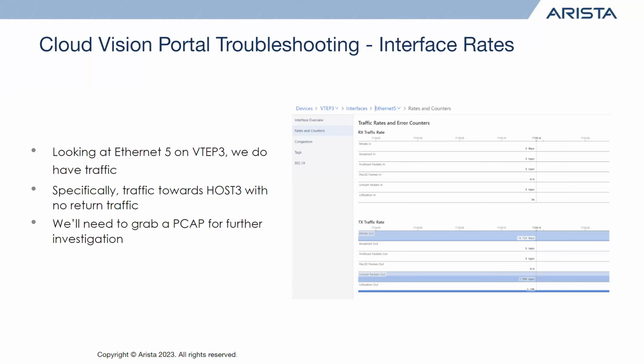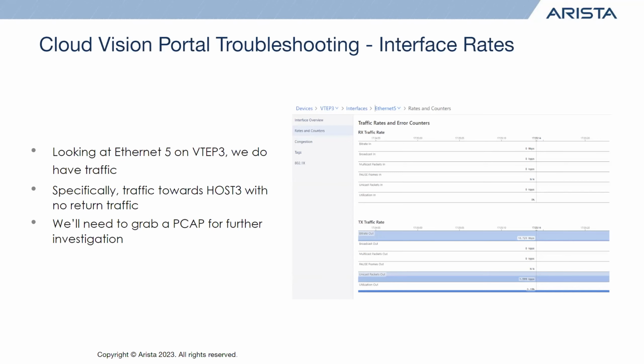When you click on that link, you'll see several pages in the image below that describe the interface. We have interface counters, rates and counters, congestion tags, and our 802.1x description. In this case, we're going to be honing in on rates and counters, and we can observe that the Ethernet 5 traffic down to host 3 has no return traffic. We're seeing about 18.729 megabits per second flowing over the time span of this specific window.